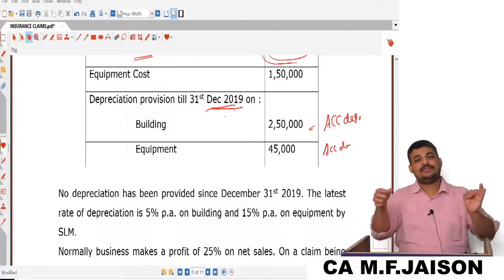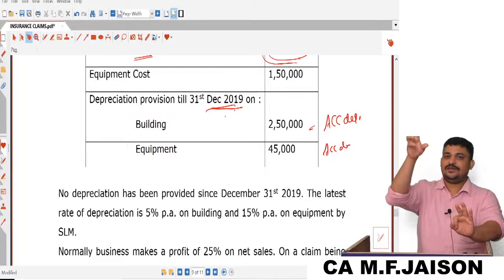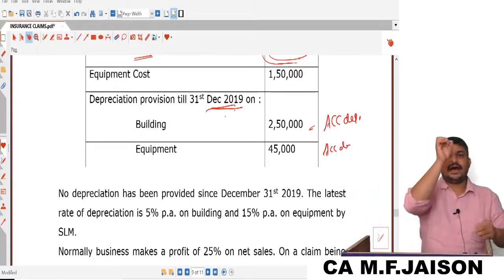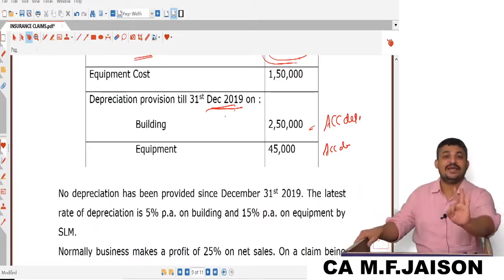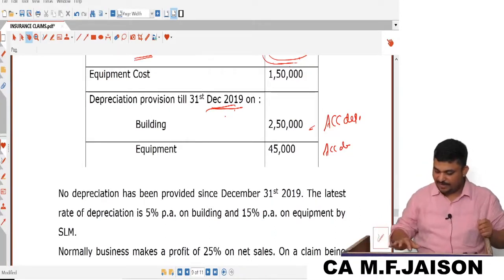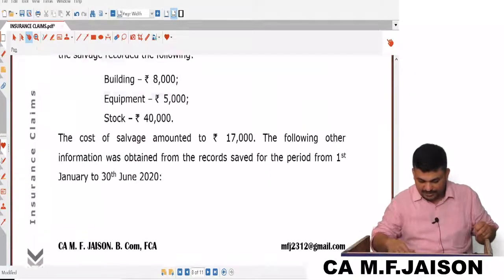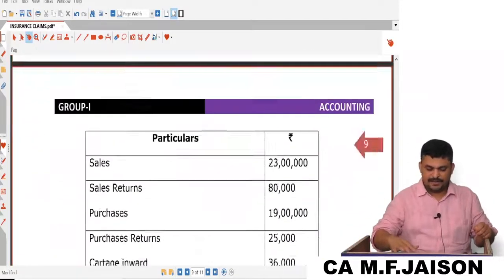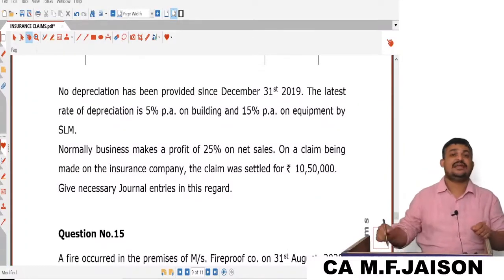Then you can have the next working as loss by fire, with separate columns for stock, building, and equipment, and the amount on date of fire minus salvage value gives you the loss by fire. Then we understand, my dear friends, that there is no separate policy amount mentioned, but it has been told that they are settling the claim at 10,50,000.